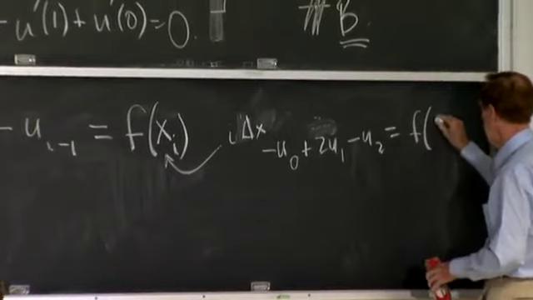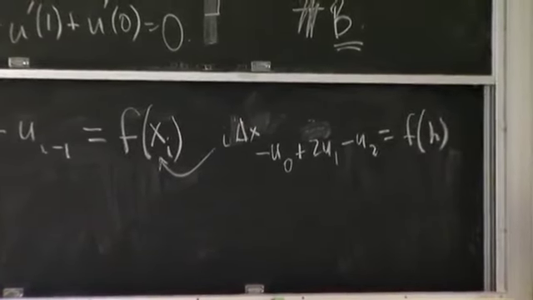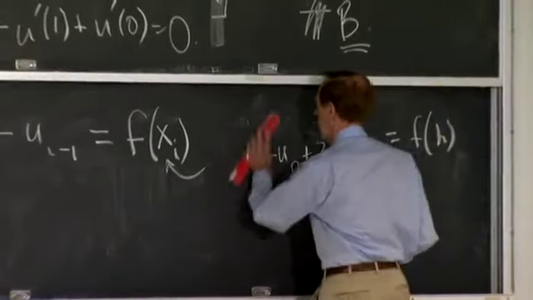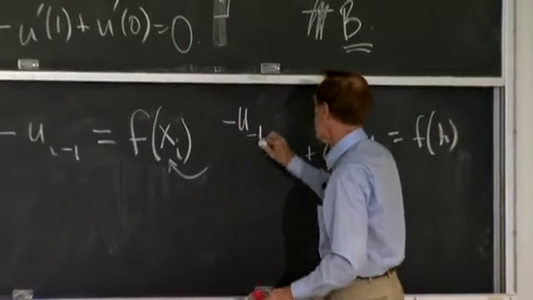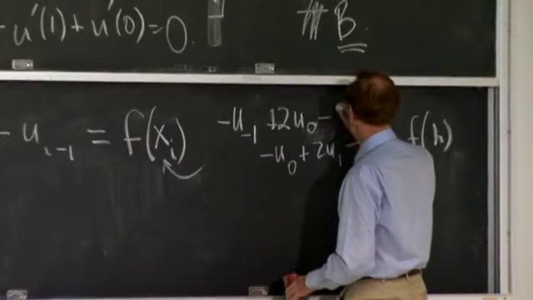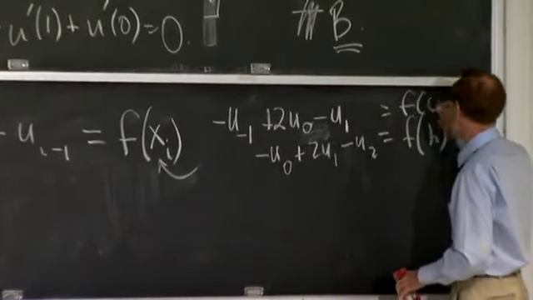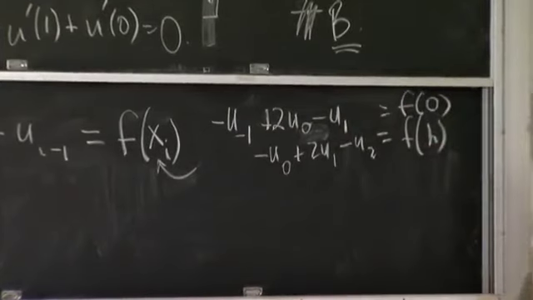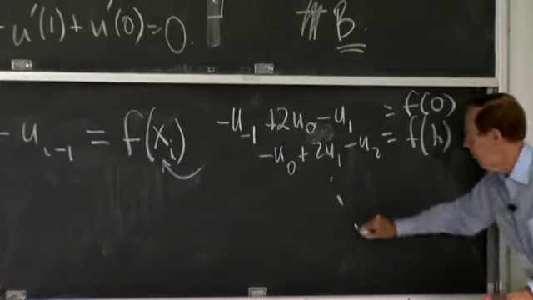That's the center, the point H, delta X. And then if I want to back up further, I would have minus U minus 1, but that doesn't really exist, plus 2U0 minus U1 should match the load at 0. So, and so on, forward.